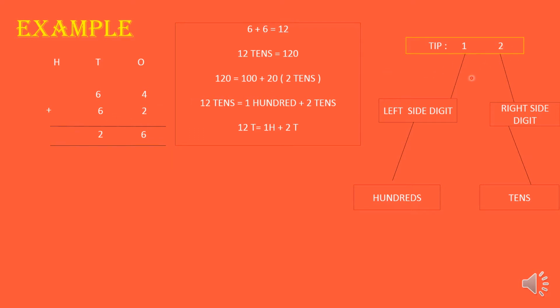I said, right side digit will be under tens column, so that's why I'm writing 2 under tens column. Next, now I'm writing 1 under hundreds column. I said always left side digit will go up for carry over, or will be under hundreds column. This is a simple tip. Practice this tip, children.